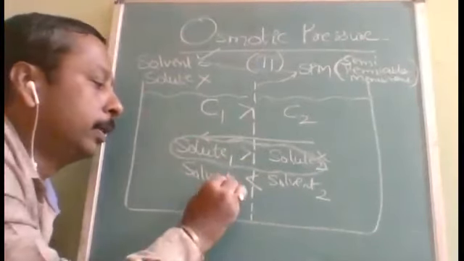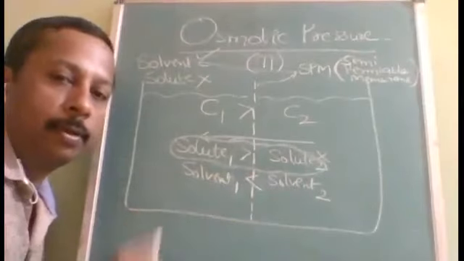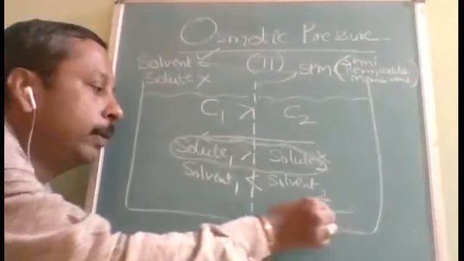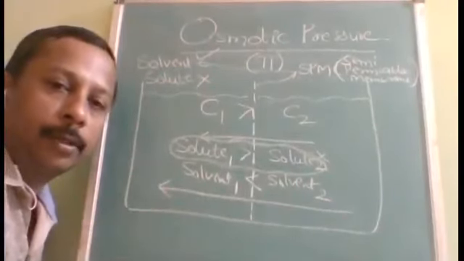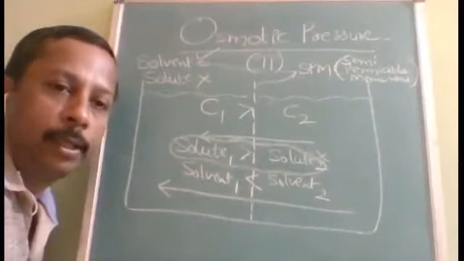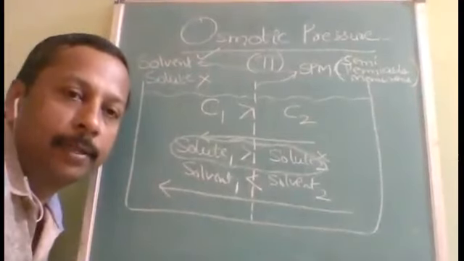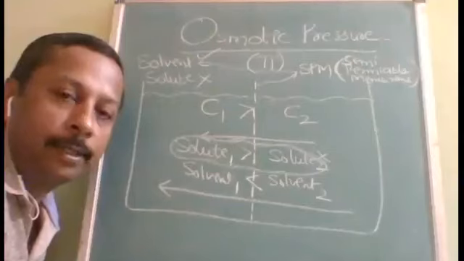Okay. So in the solvent, where it is more on this side, on this side the solvent will be less. So the flow of solvent will be from low concentration to high concentration. From a low concentrated solution, if I decrease the solvent, then the concentration will increase.